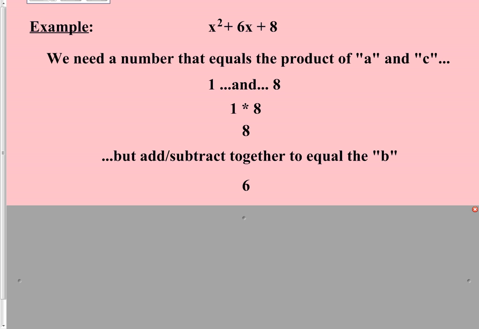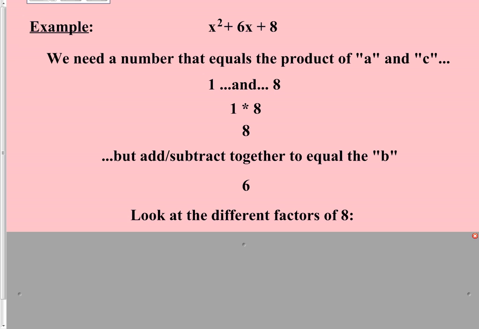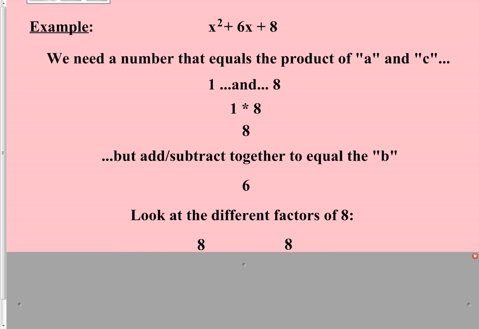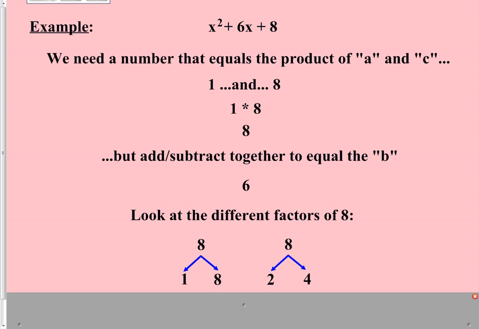Now, in order to get this ball rolling, we're going to have to say, all right, what are the different ways that 8 will factor? How will it break down? What times what? Clearly, 8 could be 1 times 8, and 8 could be 2 times 4.